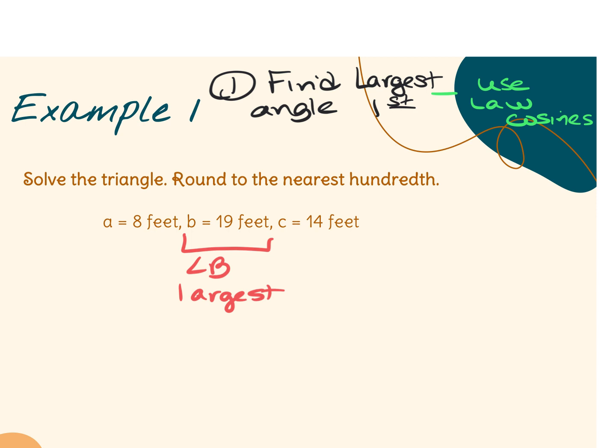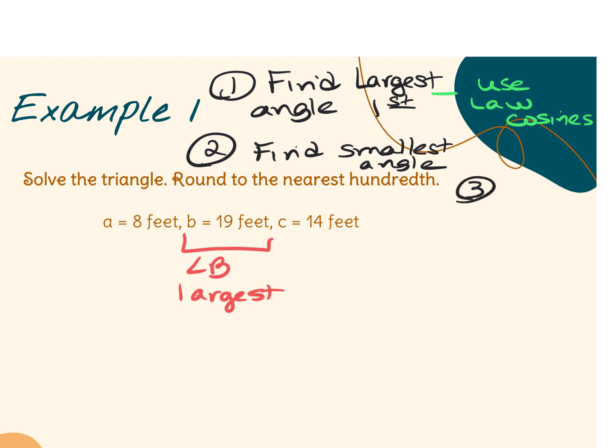Then step number two, we need to find one of the two remaining angles. When we're doing side, side, side, it really doesn't matter which one we find next, but to stay consistent, we're going to find the smallest angle second. And then the third step, to find that last angle, we're going to use the triangle sum.